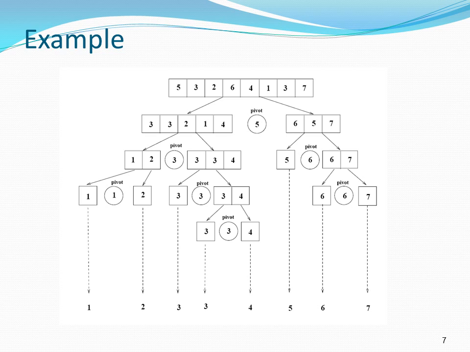So in the example, in the given array 5 is the pivot element. In the left half of the array all the elements are less than 5, and in the right half all the elements are greater than 5. Then let 3 be the pivot element.